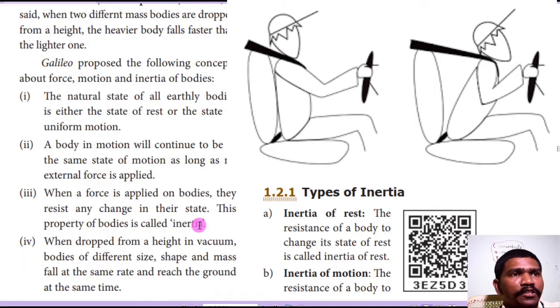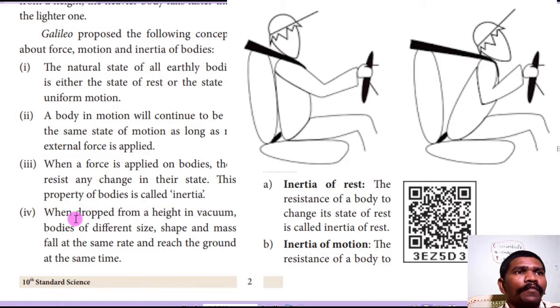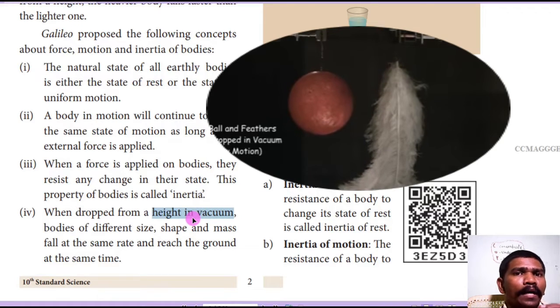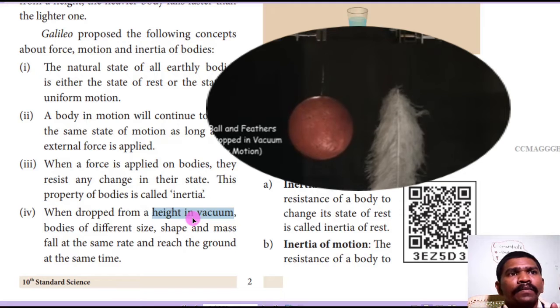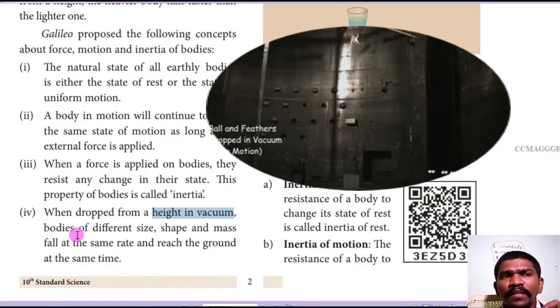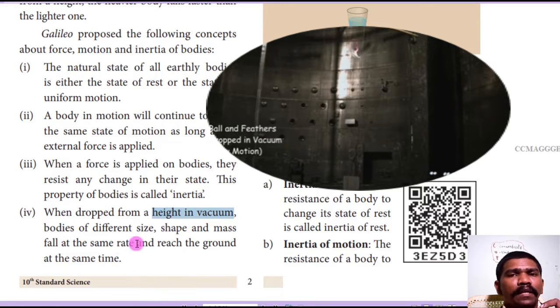This property of the body is called inertia. When you drop a heavier body, this is also the same experiment as Aristotle's, but here Galileo is telling that it is in a vacuum. Vacuum means without any air, so air also gives resistance. When you drop bodies of different size, shape and mass from a height in a vacuum, they fall at the same rate and reach the ground at the same time.